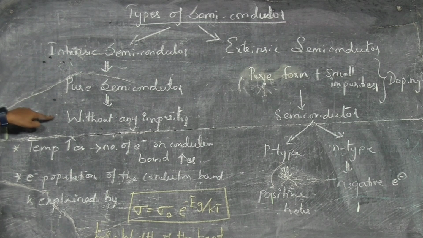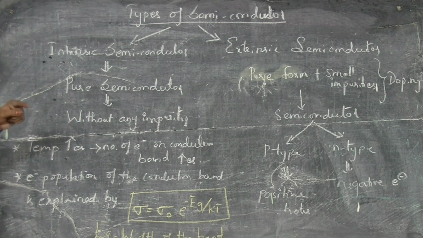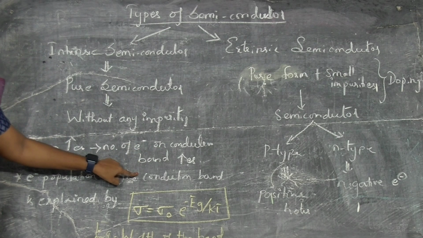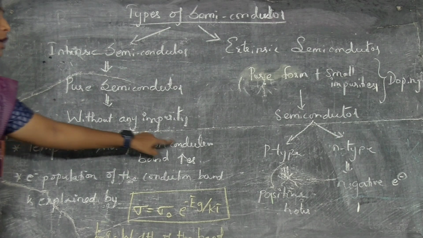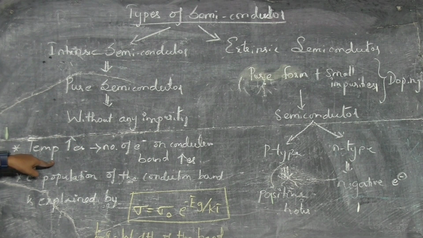So here, if you are giving temperature to that semiconductor material, the electrons which are present in the valence band will go to the conduction band. The number of electrons in the conduction band increases if you are giving the temperature.